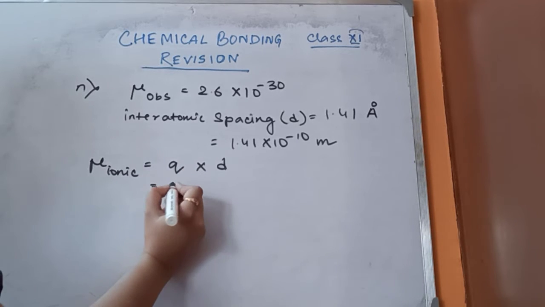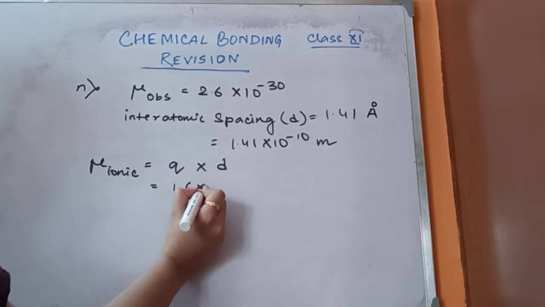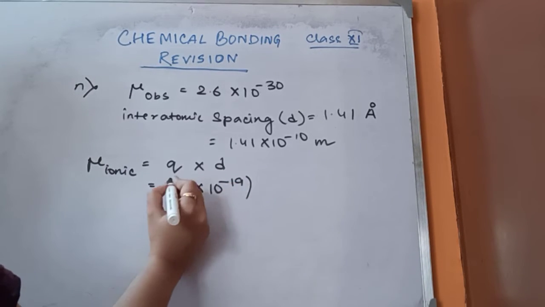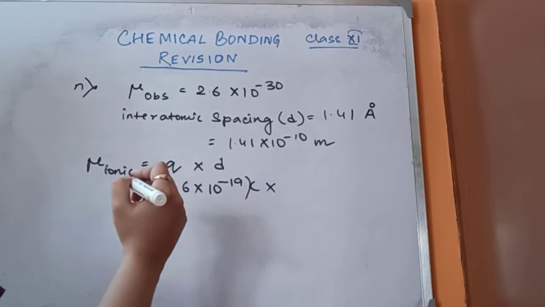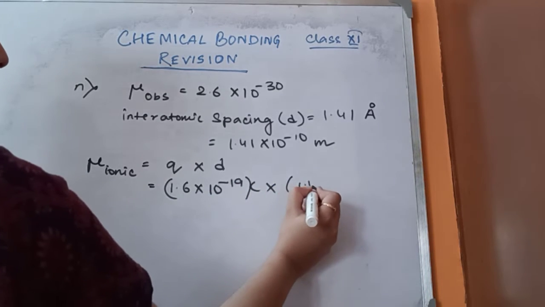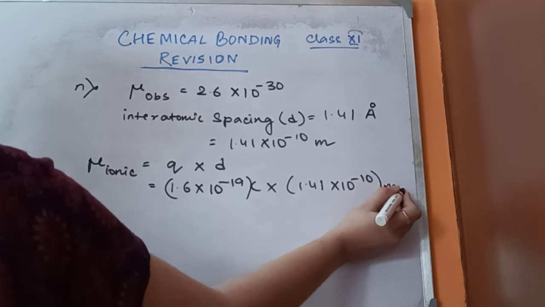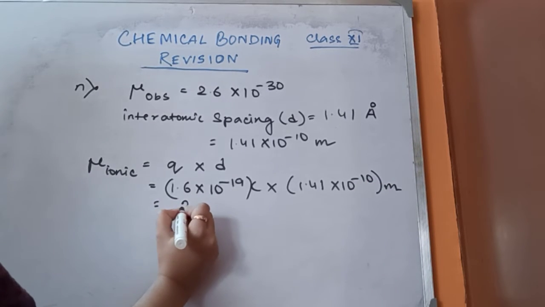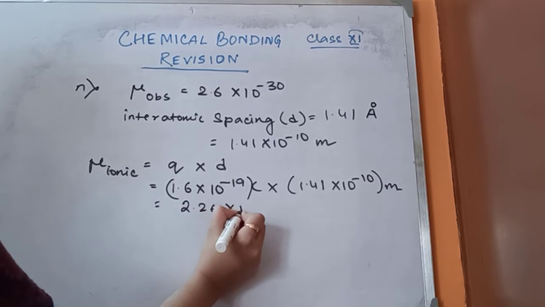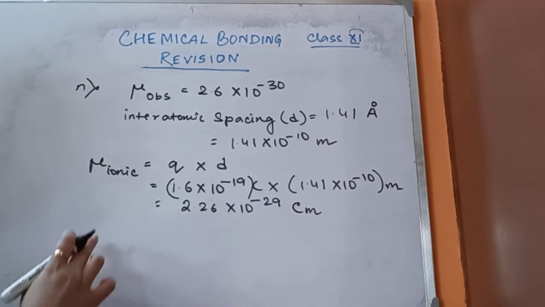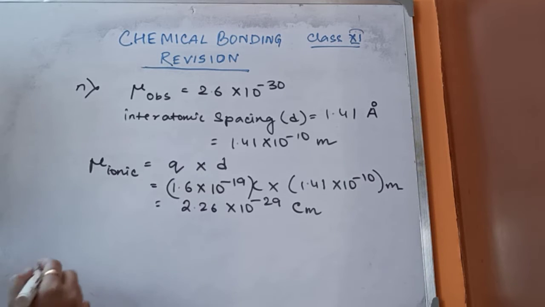So it is the electronic charge, 1.6 into 10 to the power minus 19 coulomb into 1.41 into 10 to the power minus 10 meter. This will give you 2.26 into 10 to the power minus 29 coulomb meter. This is the mu ionic.